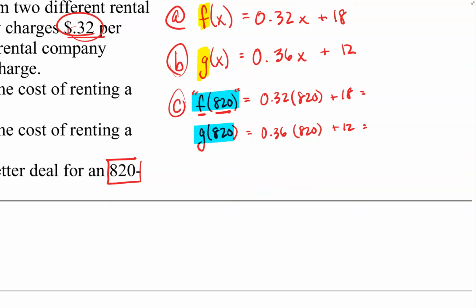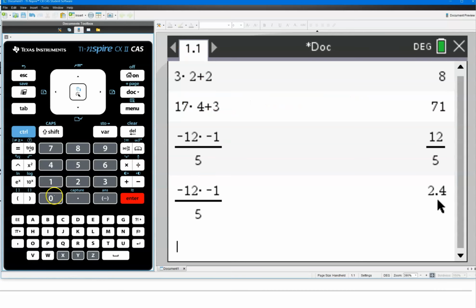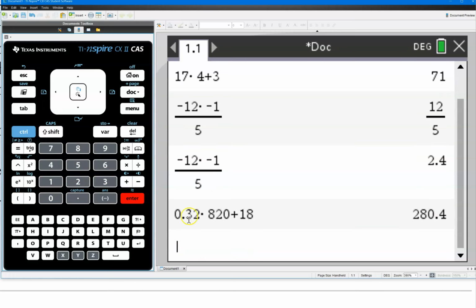So when I switch over to the calculator, I'll do something like this: 0.32 times 820 plus 18, so it's a smaller mileage rate but a higher initial cost, and we'll compare that to 0.36 times 820 plus 12, so a higher mileage rate but a lower initial cost.